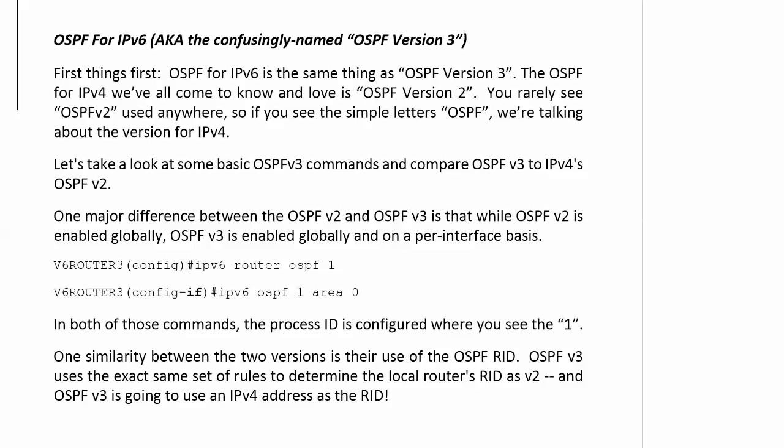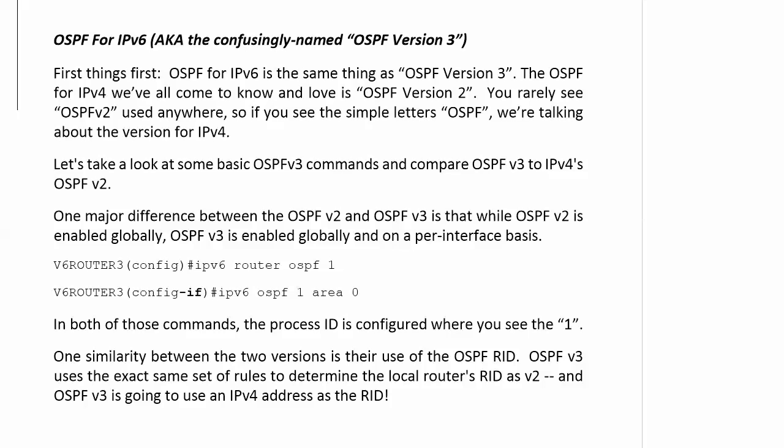But first things first, OSPF for IP version 6 is the same thing as OSPF version 3. That is the technical name. The OSPF for IP version 4 we've all come to know and love is OSPF version 2. You very rarely see the term OSPFv3 anywhere. I don't remember even seeing it in a book except for comparing the two versions.